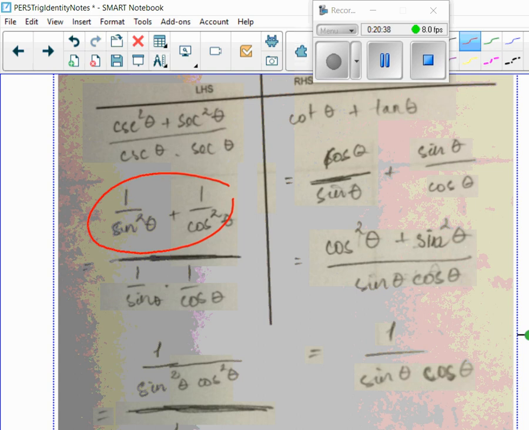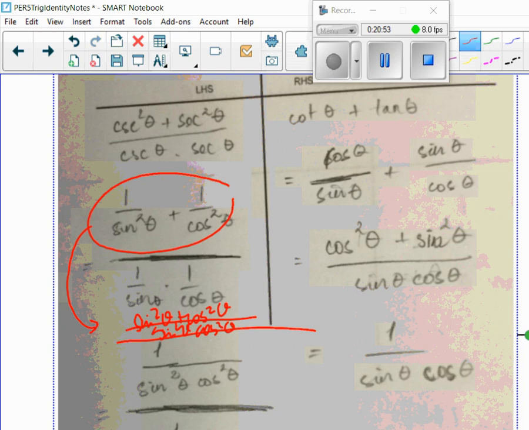So you have to show me the step between, that this is sine squared theta plus cos squared theta over sine squared theta cos squared theta. I don't have enough room here, but you have to show that step so that I can see that this is legitimately what you got when you added it together, that's how you get the 1.